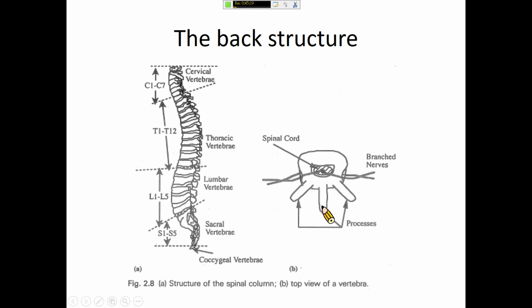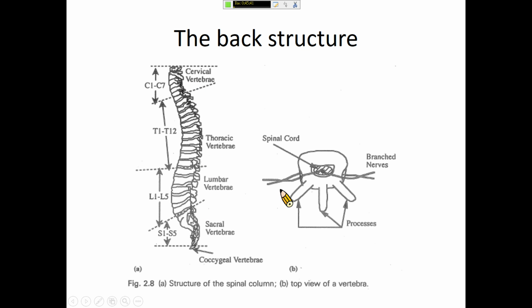Three processes here. Obviously, this is to protect something here. Okay, right? This is the posterior side of the human body. Here, this one. If you look from the side, it's this place.